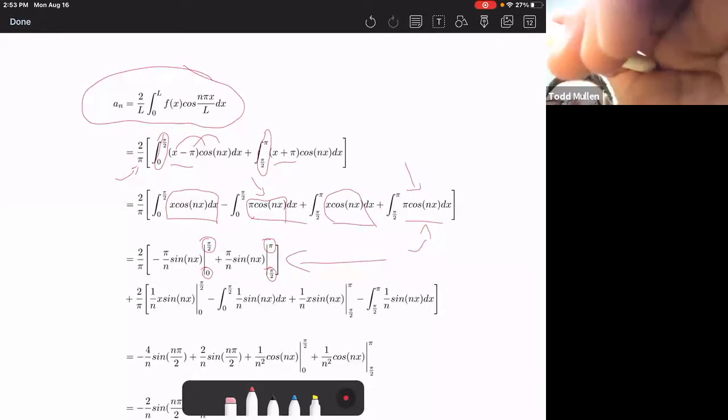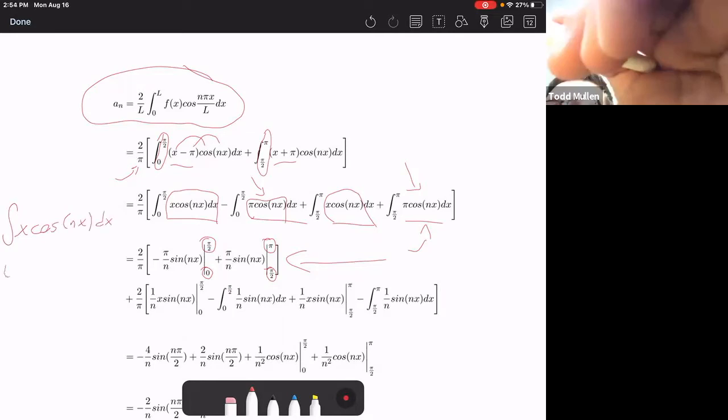So we need to do an integration by parts. In the last video, we did a substitution and then an integration by parts. We should be able to just do an integration by parts. So let's look at this. We want the integral of x cos nx dx.